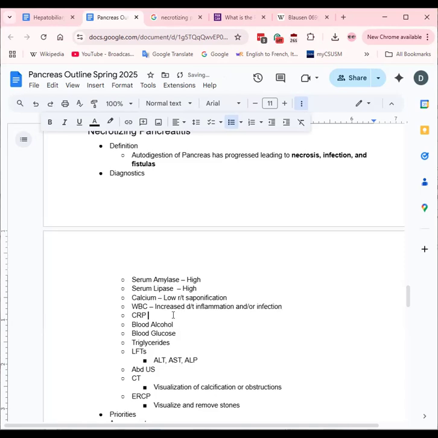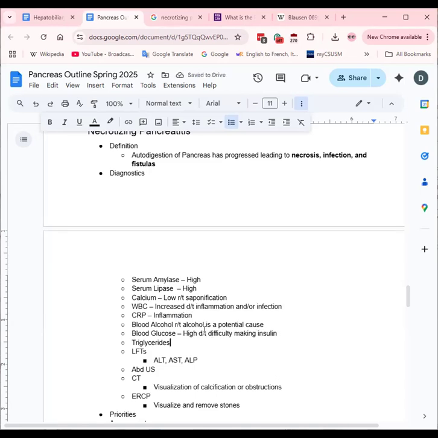CRP is an inflammatory marker that will be increased. Blood alcohol is something you can assess just because alcohol is a potential cause. Blood glucose will be high, like we mentioned, due to difficulty making insulin.